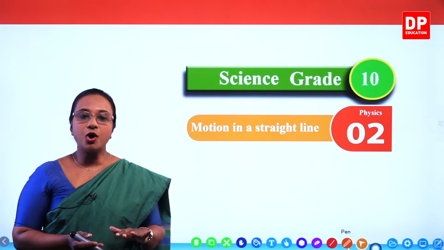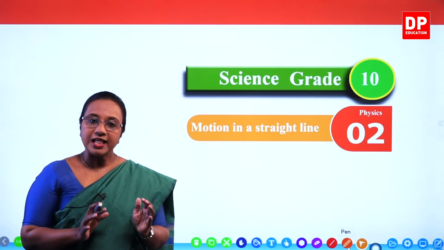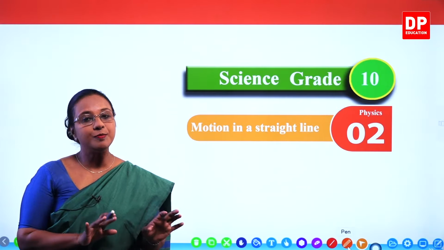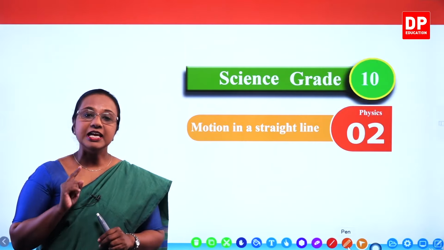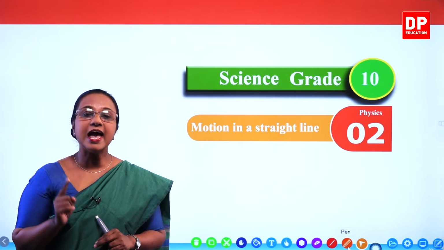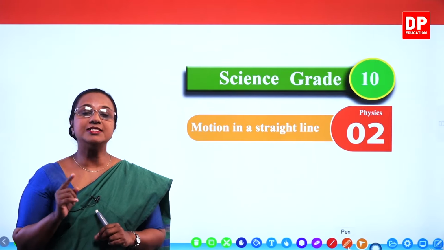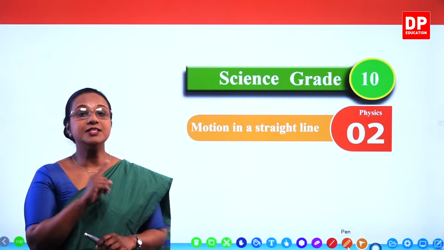Now, these are all different types of motions. If you look at them carefully, you can divide them into two main types. If you think of the fan, it rotates around its axis. The earth rotates around its axis. The planets go around the sun.